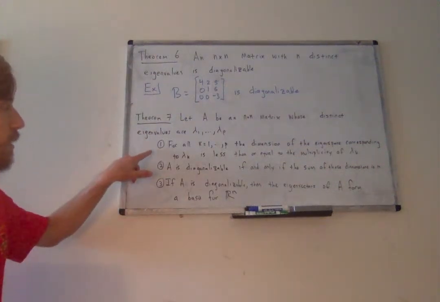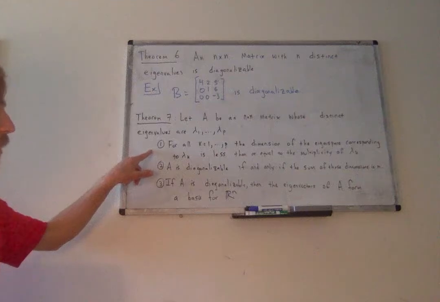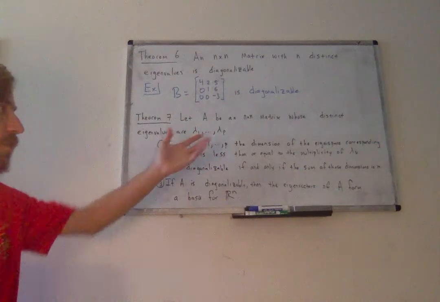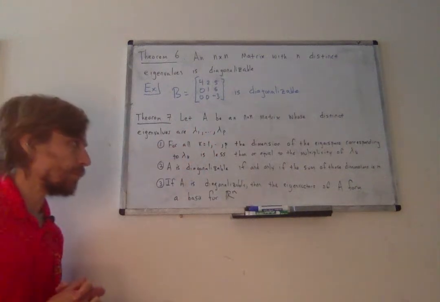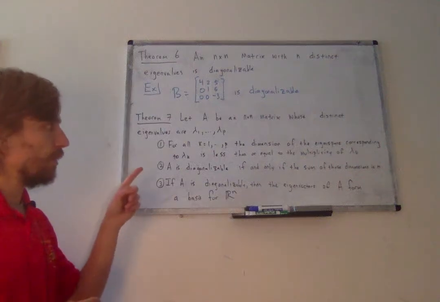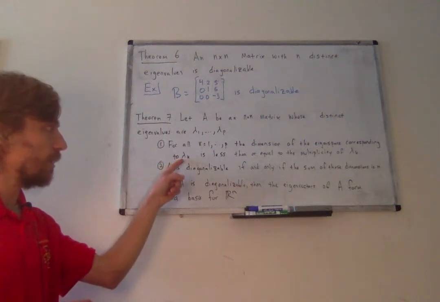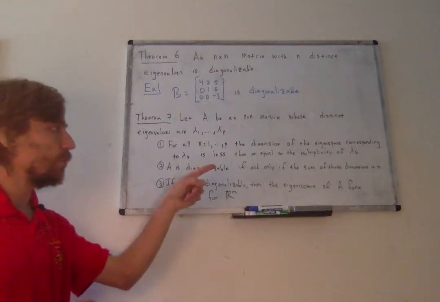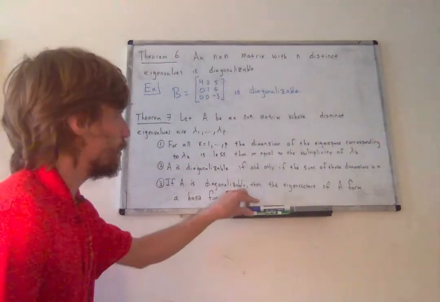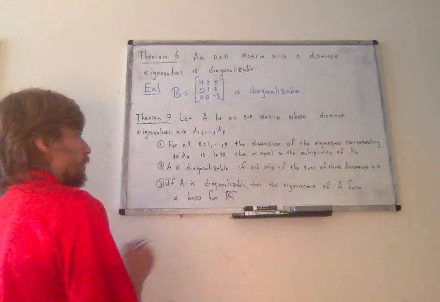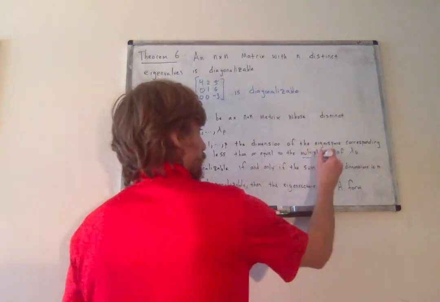So what this theorem says is that for all k from 1 to p, so basically for each eigenvalue, first things first, the dimension of the eigenspace corresponding to lambda sub k is always less than or equal to the multiplicity of lambda sub k. So what does 1 tell us?